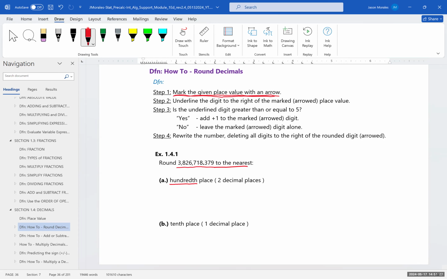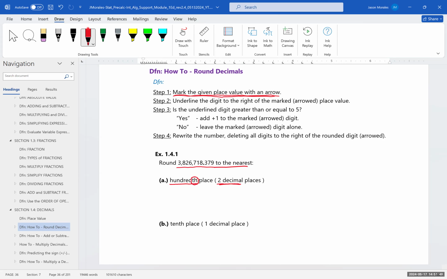So which place value are we looking at? Feel free to look at the previous page when we talked about place values. But the hundredth place is the second decimal place to the right in the fractional part of the decimal number. And you know that it's to the right because it has this th suffix at the end.